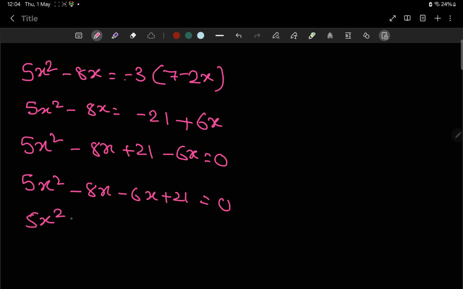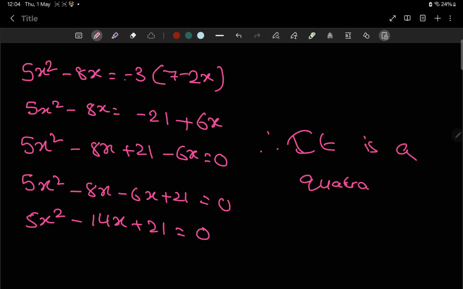So 5x square minus 8 plus 6, how much? 14. It's 14x plus 21 is equal to 0. What is the highest degree of this equation? It is 2. So it's a quadratic equation. Let's write a statement: therefore it is a quadratic equation.